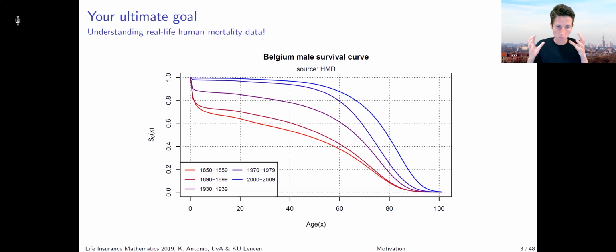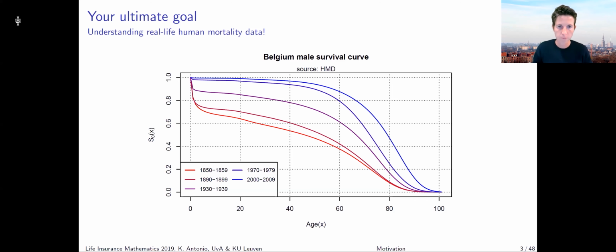So we see, in blue, for a recent decade, that the survival function has expanded to the right and become more rectangular compared to when you take data from the mid-19th century, when life expectancy of individuals was not as developed as it is nowadays for people born in the 21st century.